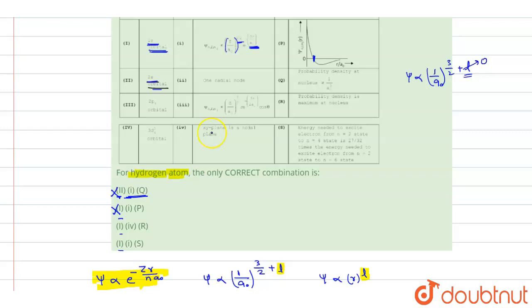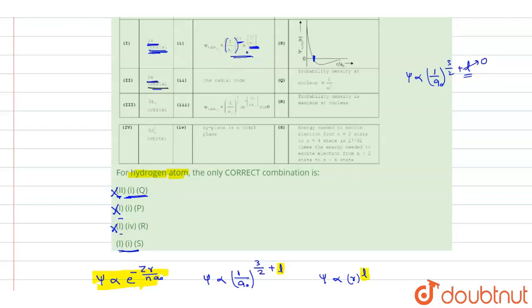We all know that s orbital is spherical in nature, so xy plane cannot be a nodal plane, so this option is also incorrect. Now we will see option D, that is last option, 1 1s. 1 is 1s, and this does represent 1s.